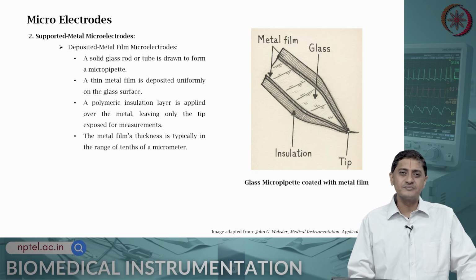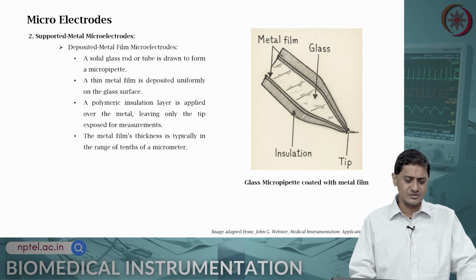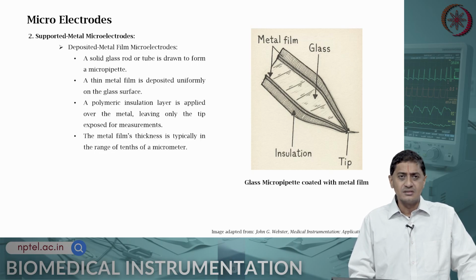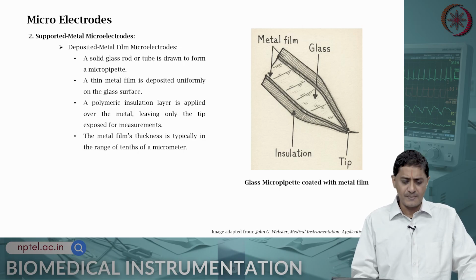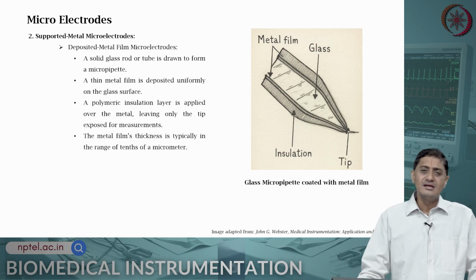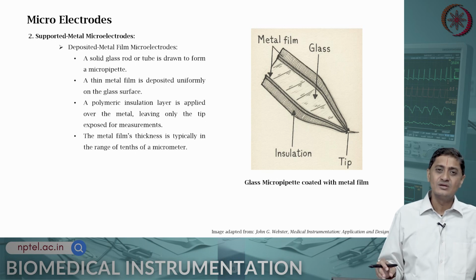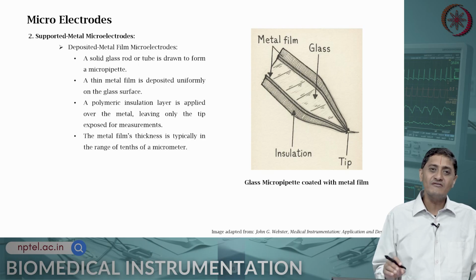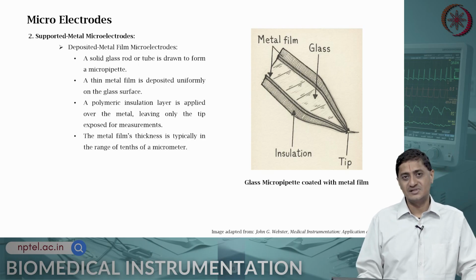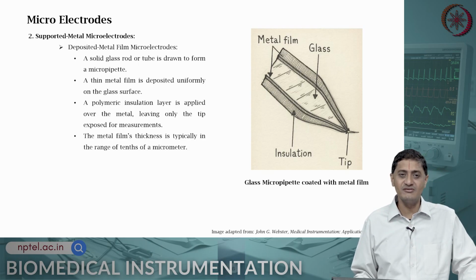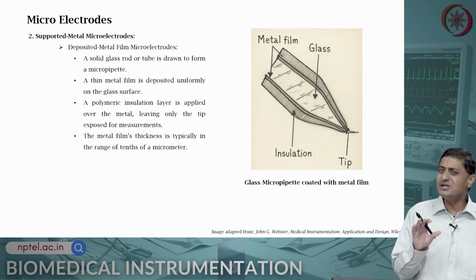The other approach towards making supported metal microelectrodes is to draw a really small solid glass rod to form a small micropipette. Then instead of having solid metal inside this glass, you are essentially going to have a coating, a deposition of a thin film, preferably uniformly.